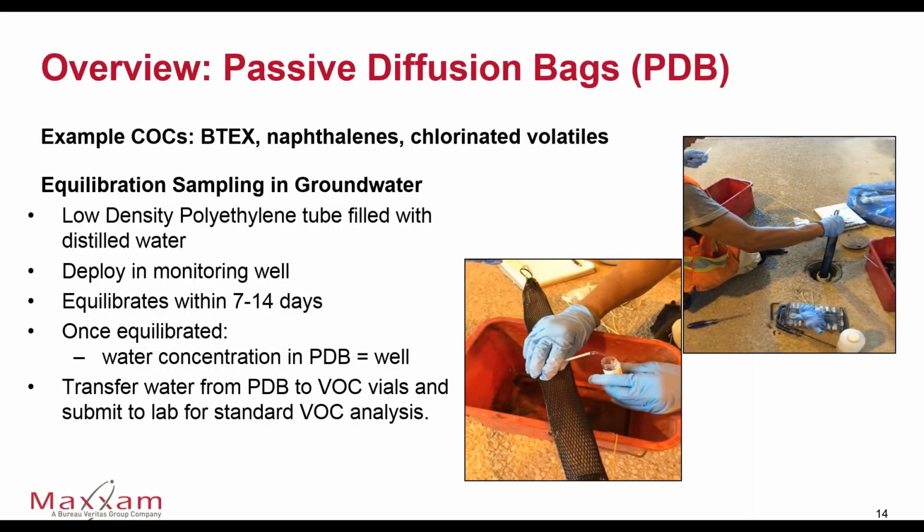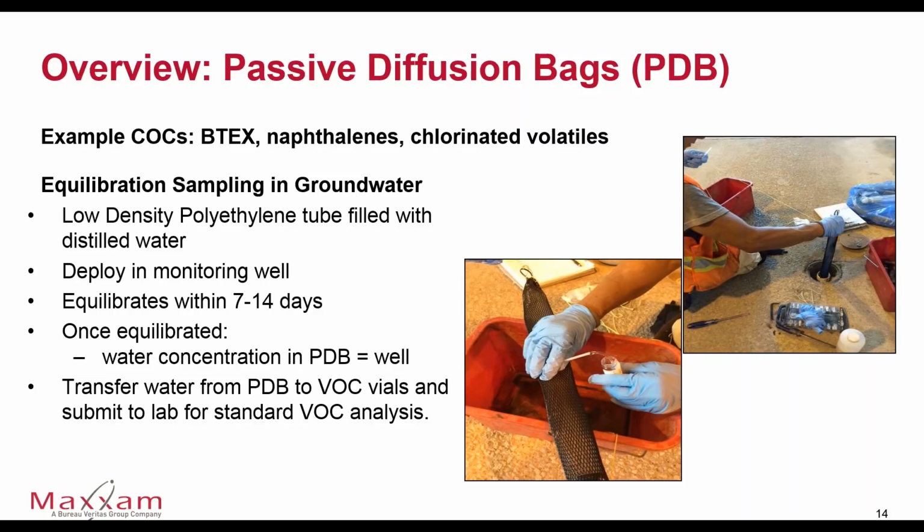Here's a slide to describe what passive diffusion bags are and how they work, for people who perhaps haven't seen them before. It's really just a sausage of polyethylene tubing filled with clean water. You'll see a picture of it in these two photos on the right. There is also a black mesh on the outside of this polyethylene tube just to give it some abrasion resistance.